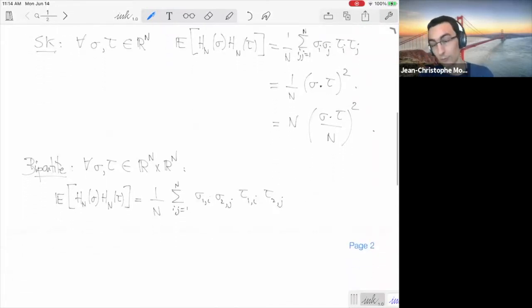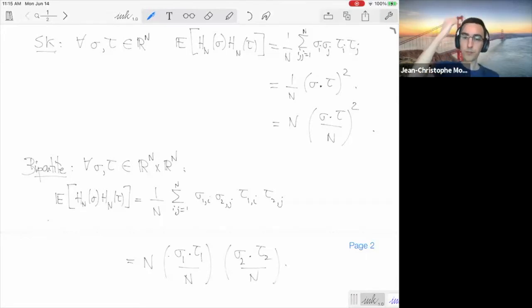And so we can rewrite this in terms of scalar products as before, but notice that it is the scalar product between the first components of sigma and tau multiplied by the scalar product of the second components of sigma and tau. So this time we get n times sigma 1 dot tau 1 divided by n, times sigma 2 dot tau 2 divided by n.